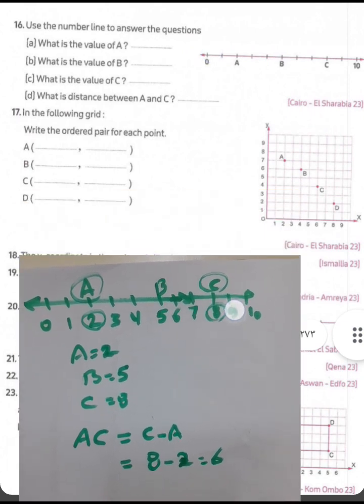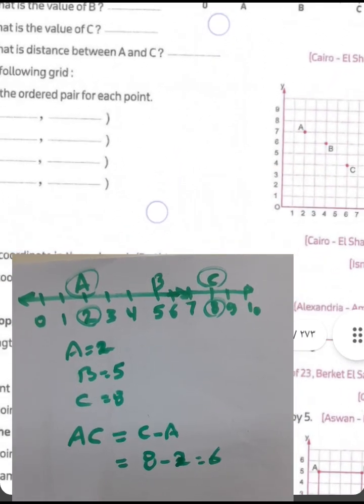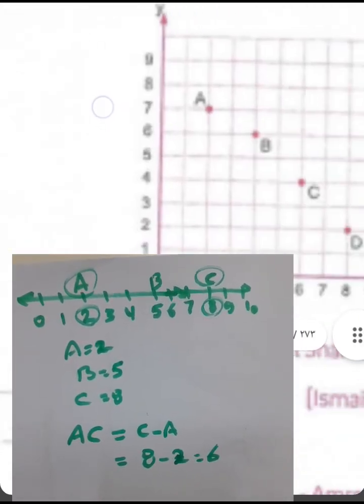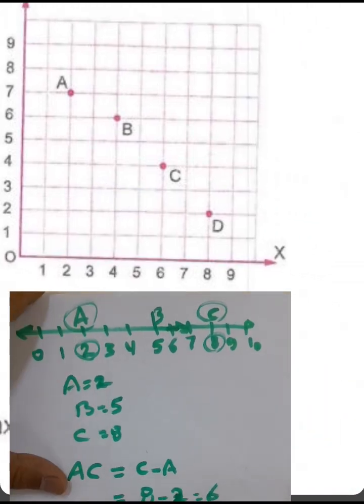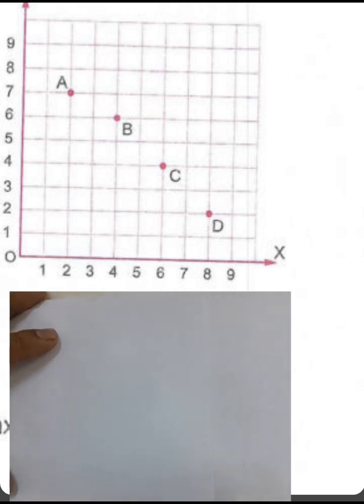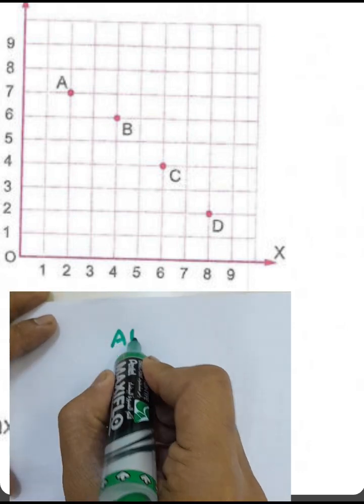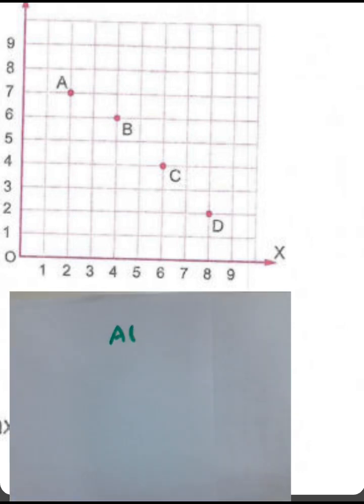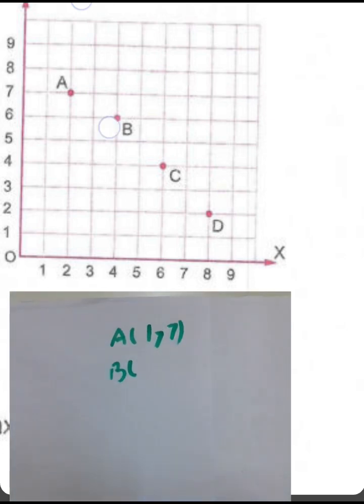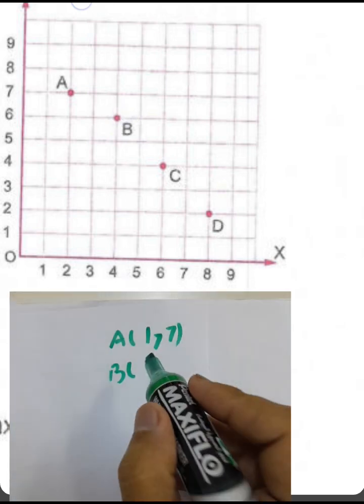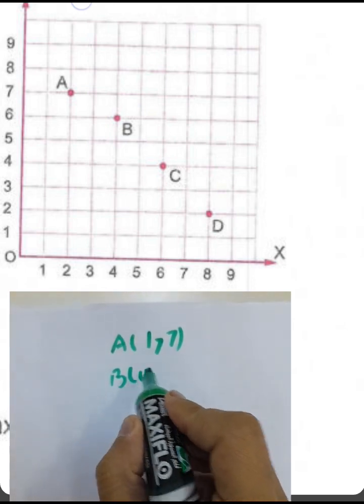Question 17. From this graph here, we want to find the ordered pairs of A and B and C and D. Look with me here. We can find the ordered pair of point A here, beginning from 1 and ending at 7. It will be 1 and 7. And the point B here, coming from 4 and ending at 6.